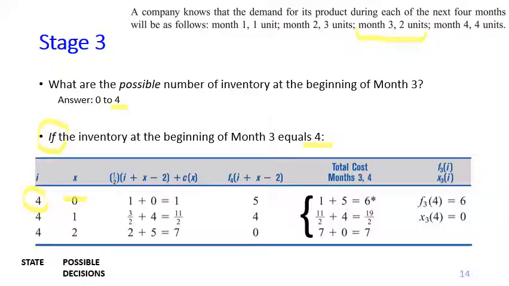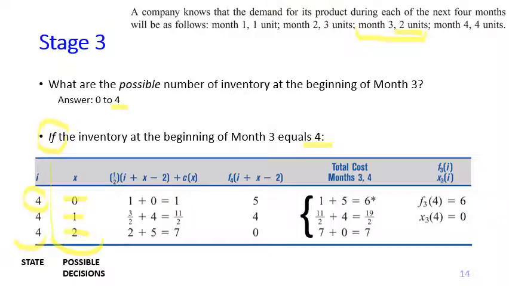We may produce 1, we may produce 2, because if we produce 2, then we will have 4 units from the beginning inventory, 2 units from the production, minus 2 from the demand. We will have 4 units as the ending inventory. Remember that 4 units of inventory is the maximum that our warehouse can hold.